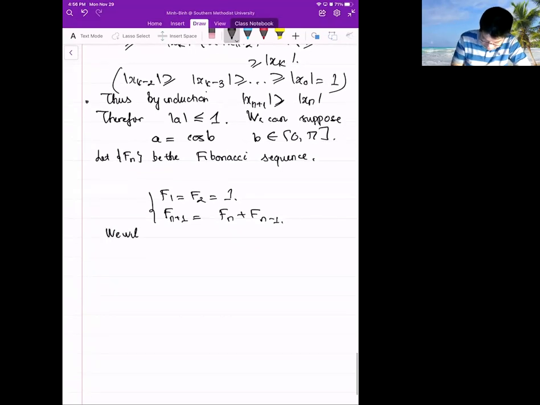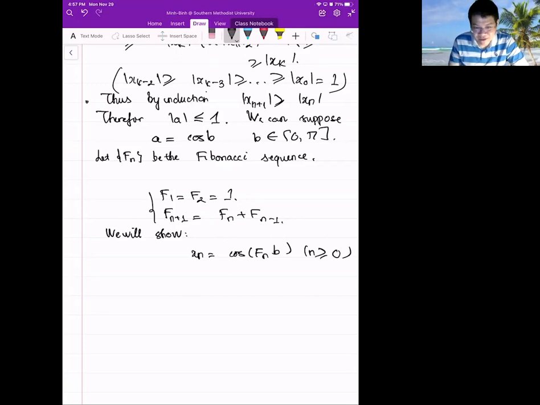All right. So we will show that xn is equal to cosine of Fn b. So again, we want to prove this by induction.